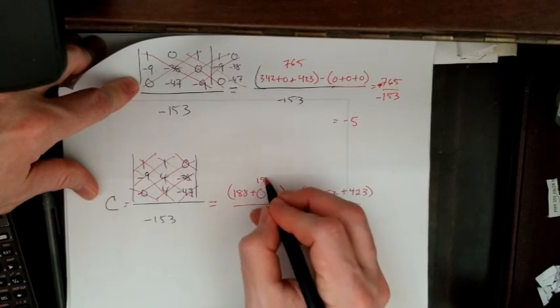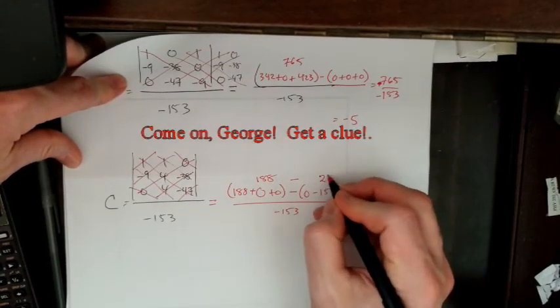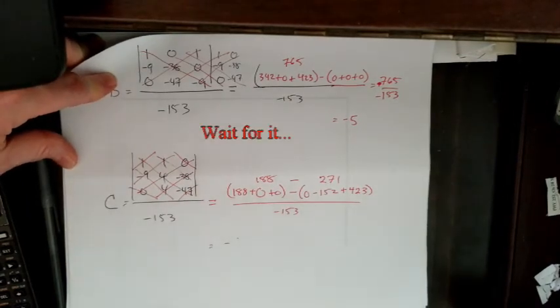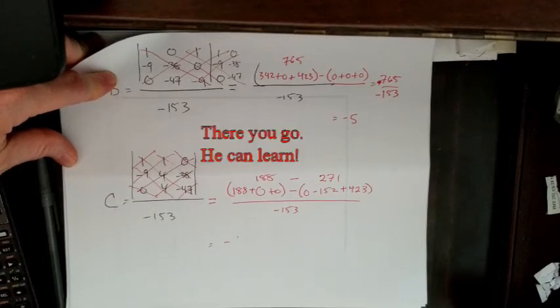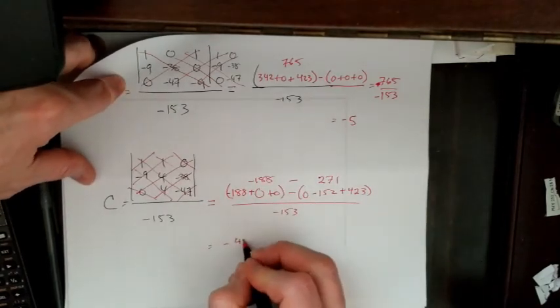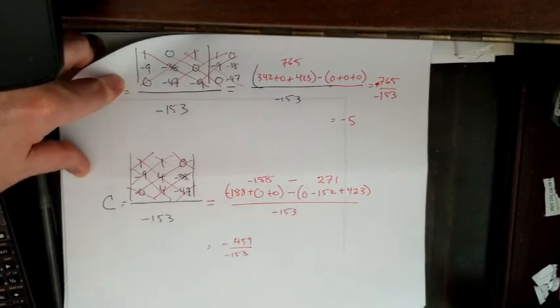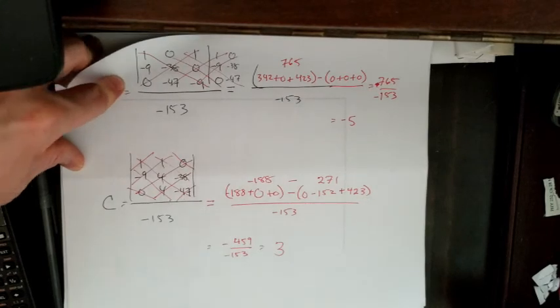So this is 188 minus 271. So we get negative. There's a mistake somewhere. That is a negative 188. So I have negative 459 over negative 153. And we get 3 as we'd expect.